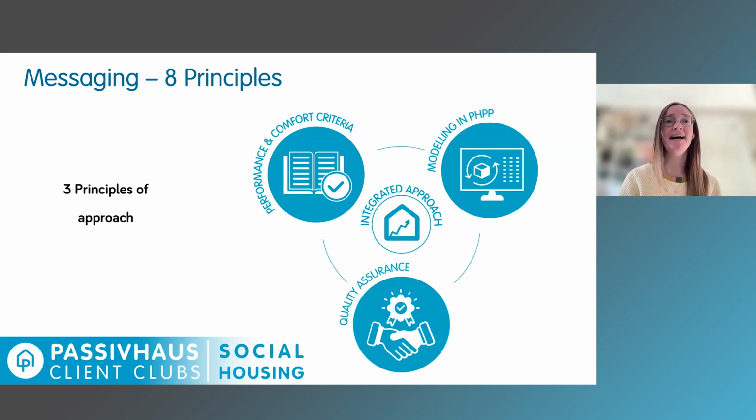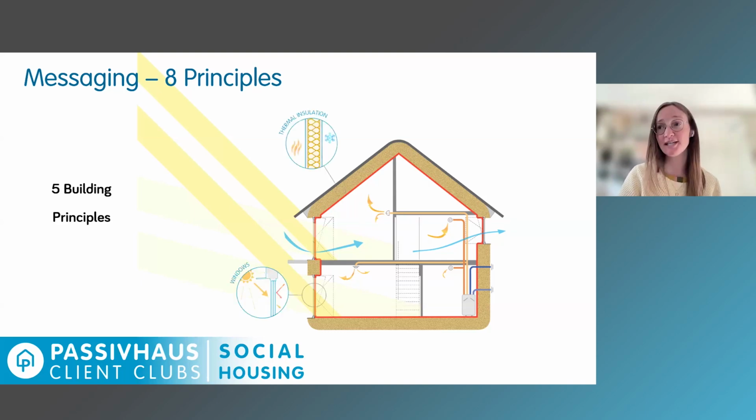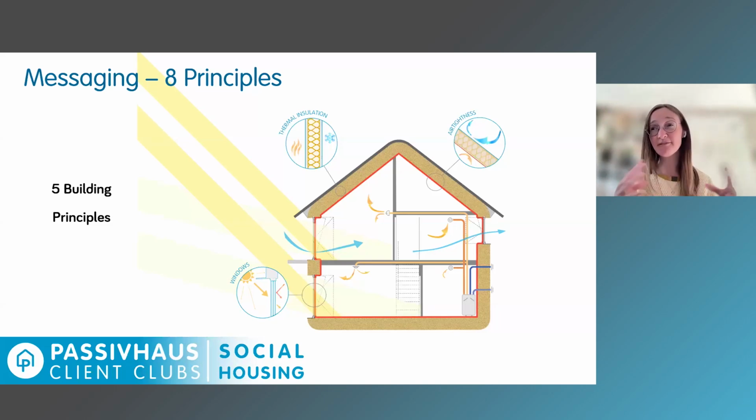On top of that, we have the 5 building principles. So this is what everyone's always very familiar with. And often these are the only principles which are referred to. And these are things which are already covered in building regulations, but the Passive House standards set specific performance criteria for these things. So windows, the insulation, making sure we've got a continuity to that insulation, air tightness, making sure we've got a very clear air tightness line.